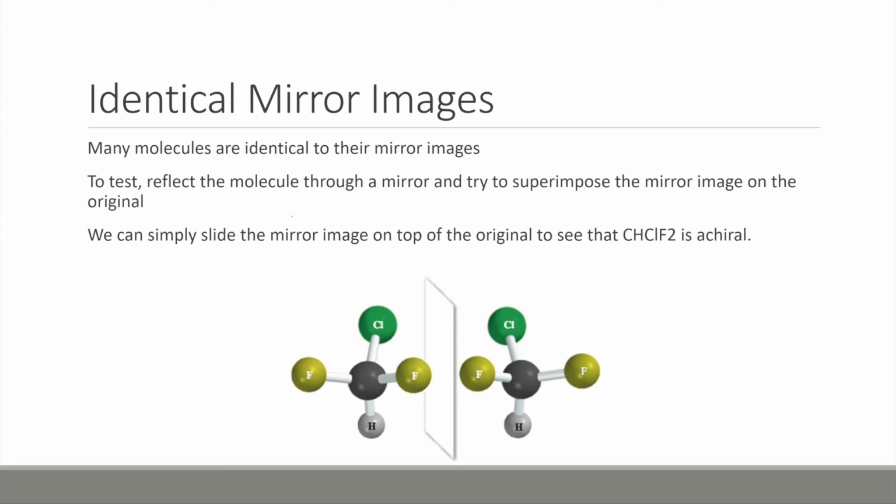So if we look here at this CHClF2 and take its mirror image, here's the original and its mirror image, you can see that these are in fact superimposable, right? We can line up all of these in a matching manner on top of each other, making them achiral. This is just the same molecule. We did not form an isomer.